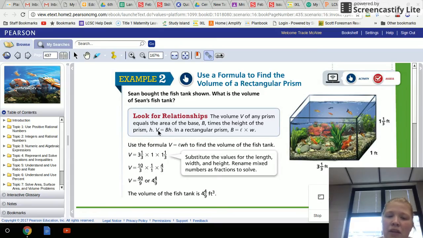Again, you find the area of the base, right here, it says it right here, times the height. So the area of the base, this rectangle would be 3 1/3 feet times 1 foot. And then you take that product and you would multiply that times 1 1/3 feet. Okay.